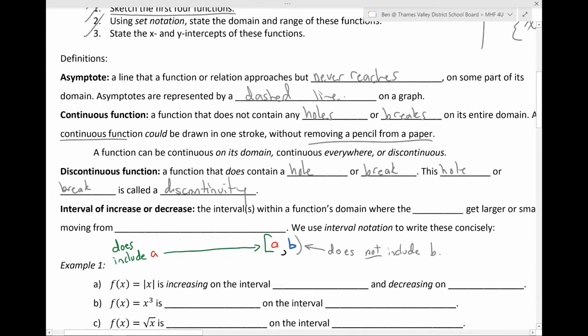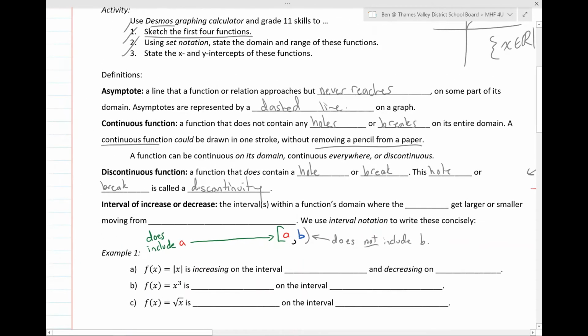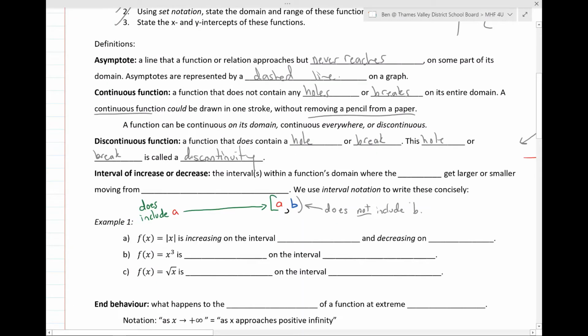Okay, now an interval of increase or decrease. An interval of increase or decrease comes within the function's domain, where the y coordinates get larger or smaller as we move from left to right.